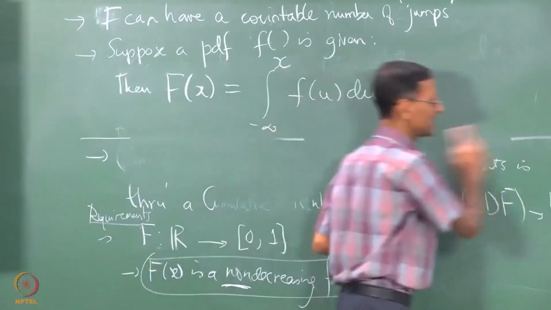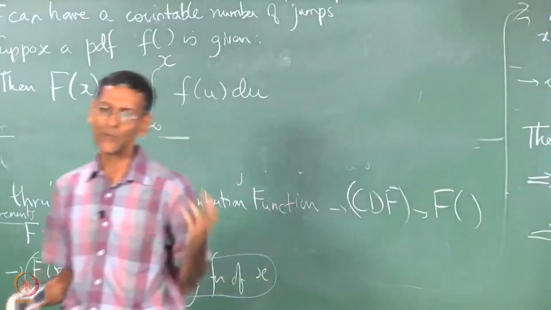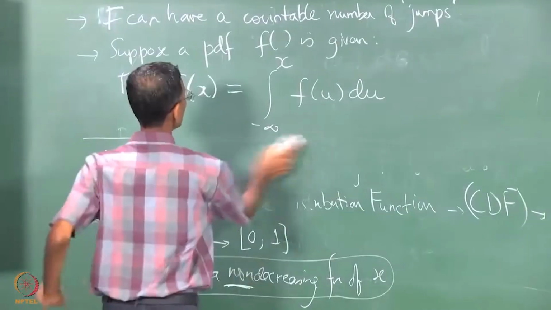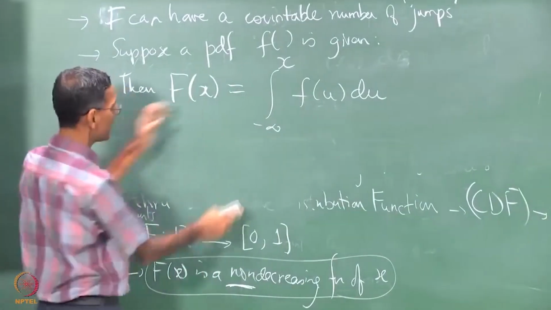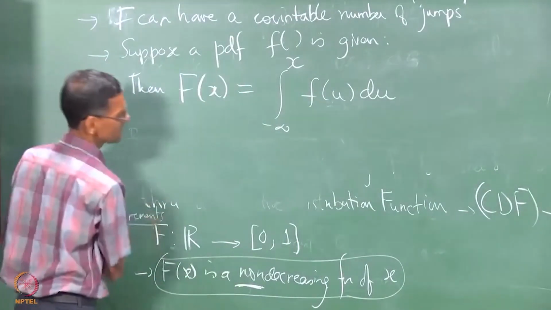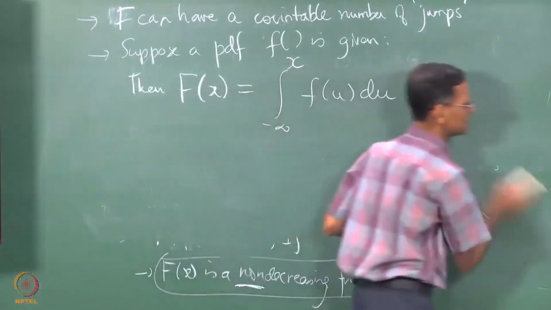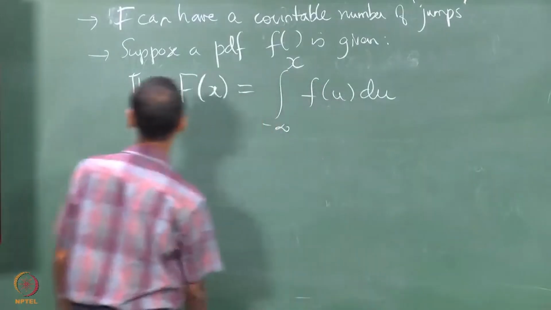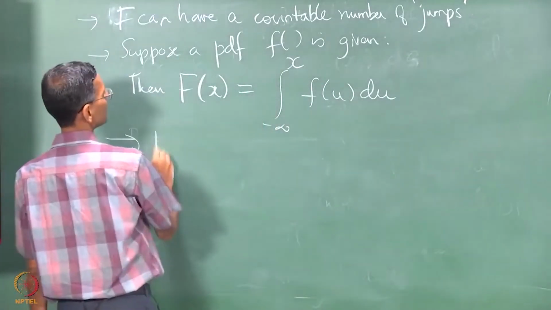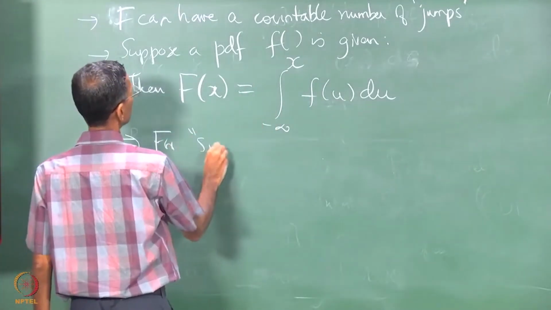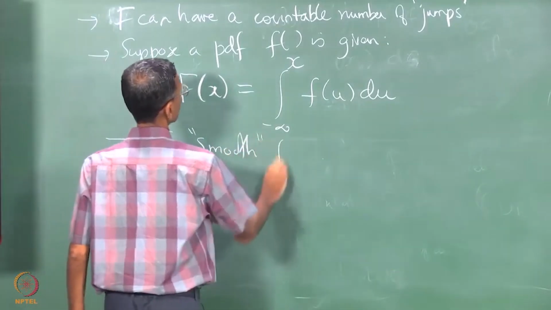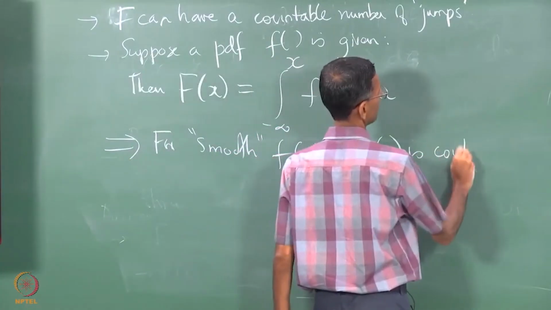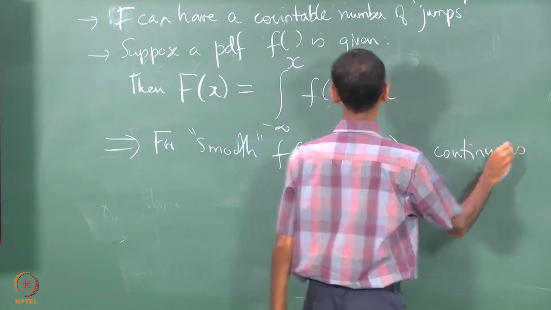So do you agree with me that this capital F is in a way more general, because if you start with this small f, you can always get this capital F using this equation, but the constraint is that this capital F is going to be continuous, which implies that for smooth f, F turns out to be continuous.